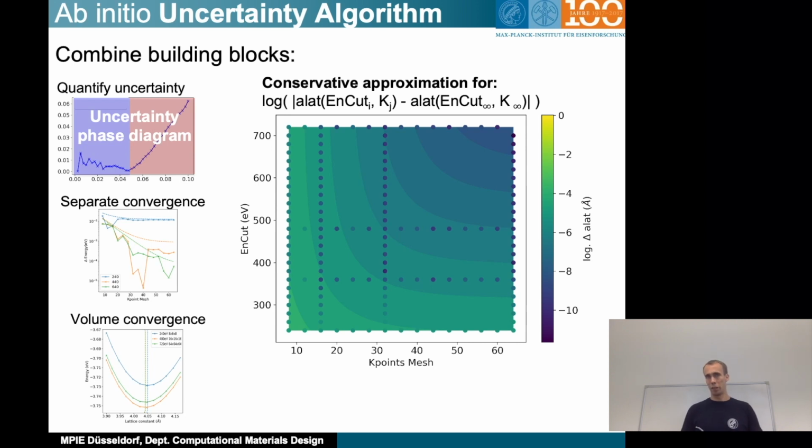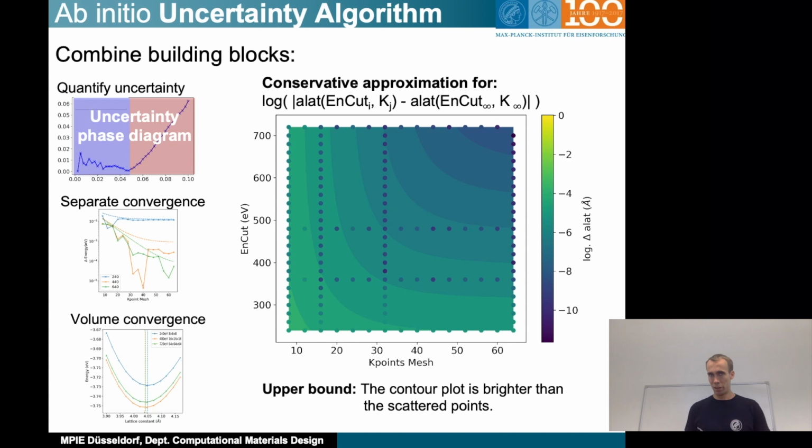In addition to what the algorithm provides, I here plot individual calculations. So these are the dots that you see. And we see that all these dots are darker than our prediction. And this really just highlights again, we really have a conservative upper bound, right? So we don't try to be as precise, we really try to have an upper bound on top of the existing data.